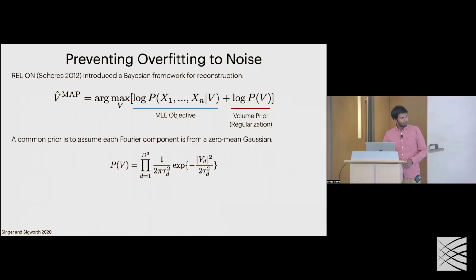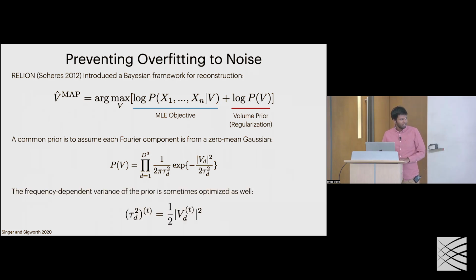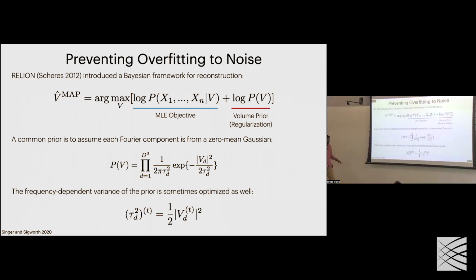That prior term is typically just saying that each of the Fourier components, so the power at each of the spatial frequencies within the volume, is drawn from a zero mean Gaussian. It's a relatively simple prior, but the variance of that prior is usually also optimized during this process.